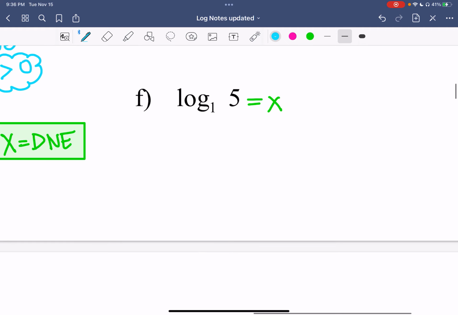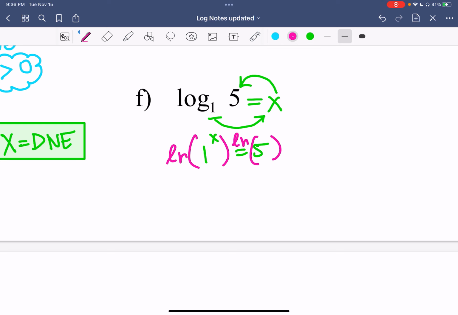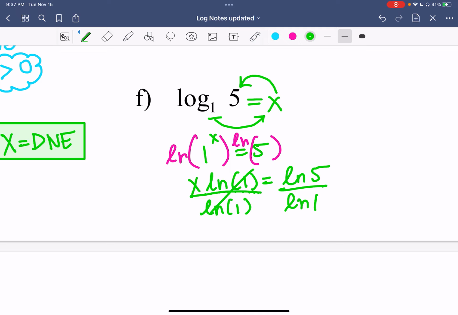Okay, let's do the next one. Convert it to an exponential. Doing your switcheroo, we get 1 to the power of x equals 5. Take the natural log. Bring the x to the front of the natural log of 1. Set that equal to the natural log of 5. Divide out. Divided by the natural log of 1.